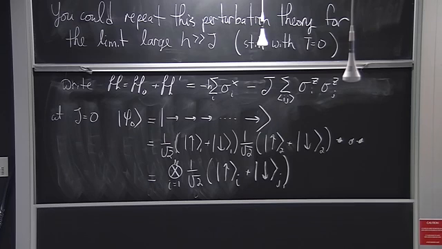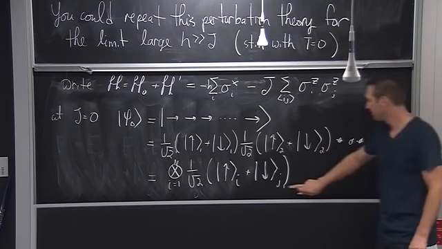So that's really your starting state for the perturbation theory. No, it should be I and I. Sorry, not I and J.